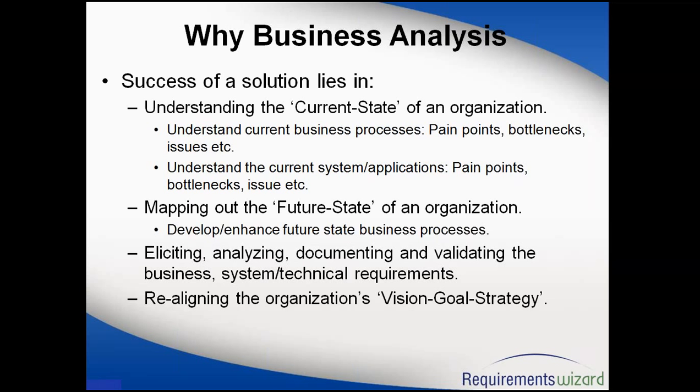And the way you do it is you understand the current state of the processes. Understanding the current state of an organization can be done by understanding the current business processes, understanding the pain points, the bottlenecks, the issues the processes are having. That means all the inefficiencies or the redundancies of the processes.